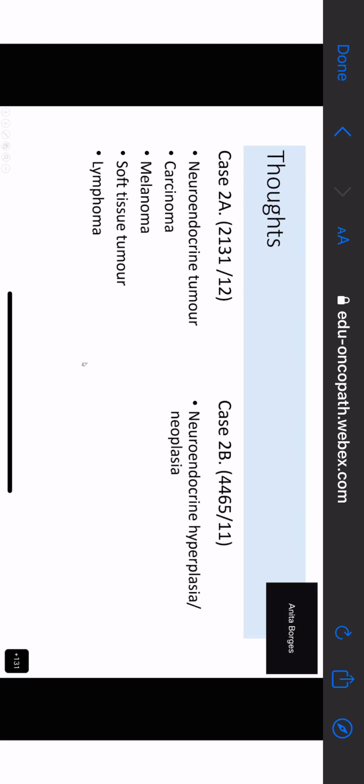What about soft tissue tumor? Can soft tissue tumors occur in the submucosa? So then please tell me which soft tissue tumor? Who said that? Suveta? Leiomyoma. Okay, smooth muscle tumor. Anything else?